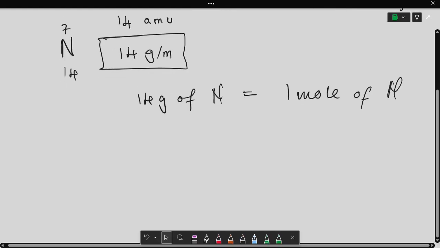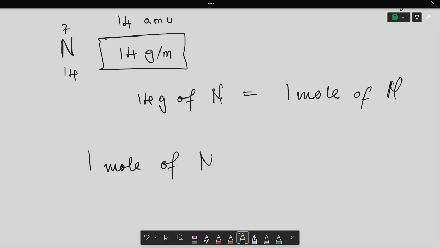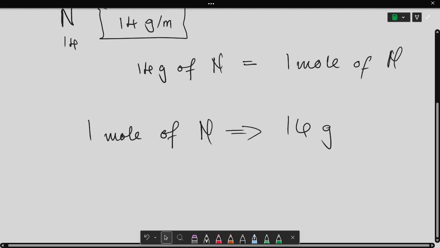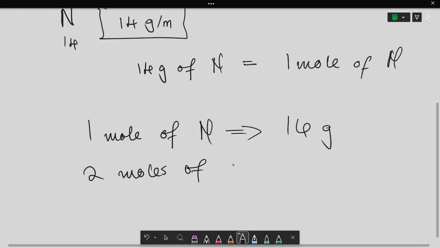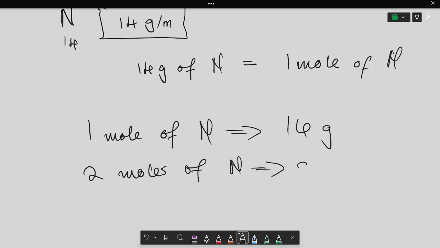So we are simply saying 1 mole of nitrogen weighs 14 grams. Then again, this means that 2 moles of nitrogen weigh 28 grams.